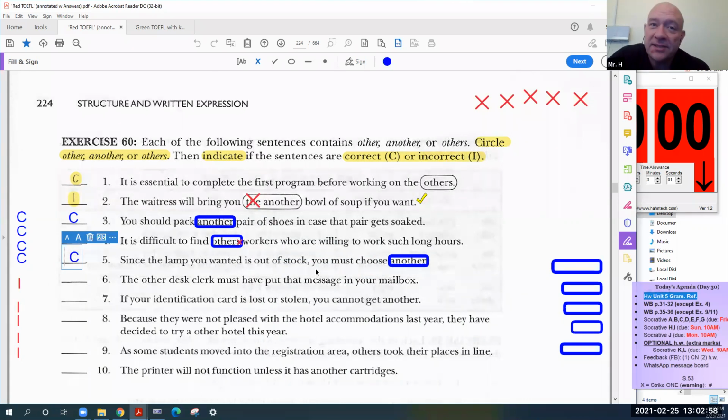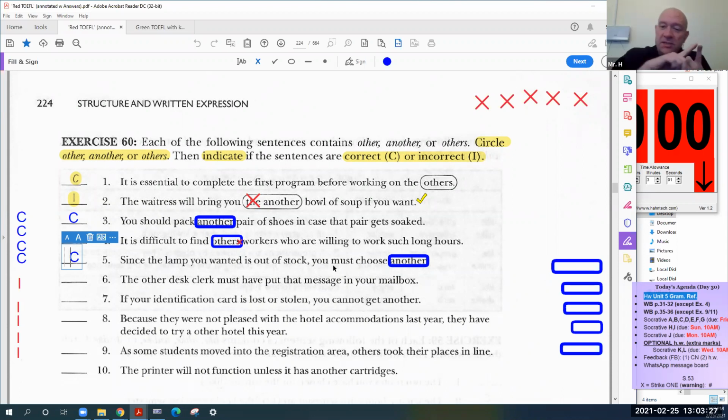Why is it correct? Do you know the meaning of lamp? Yes, lamp, like a light, right? The lamp that you want, it's out of stock. You say khalas; in English, we say out of stock. So you must choose another one, another.